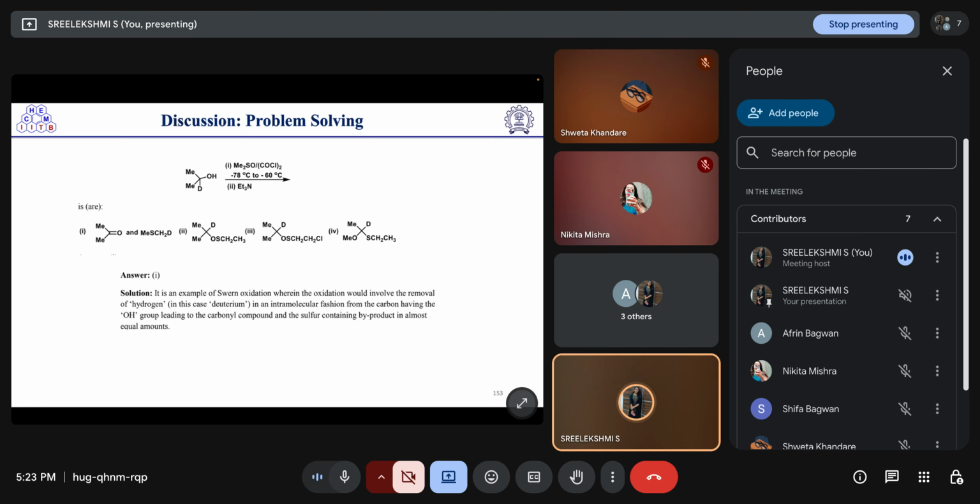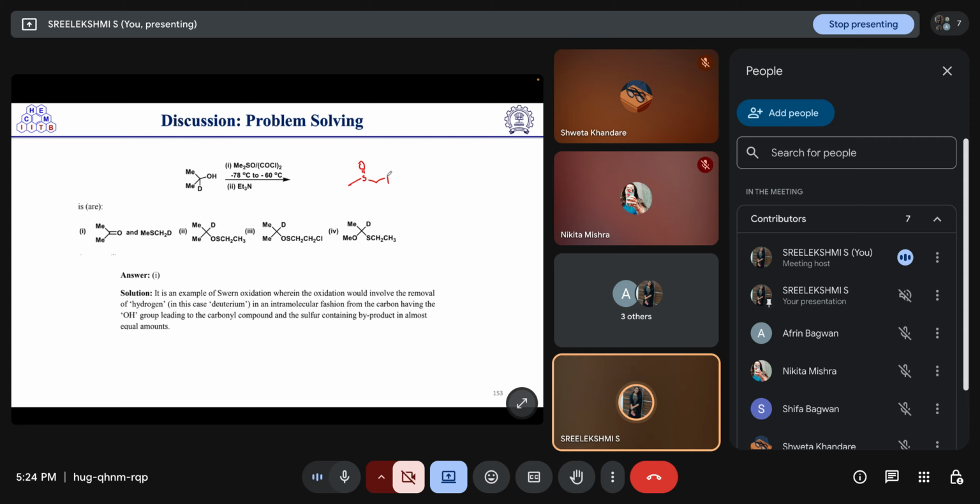So this will go and we will get the corresponding oxidized product, and the other part is taken by the DMSO. DMSO is basically S double bond O with CH3, dimethyl sulfoxide. So if one of the protons goes here, in place of that it abstracts a deuterium or proton, whichever is present from the alcohol.